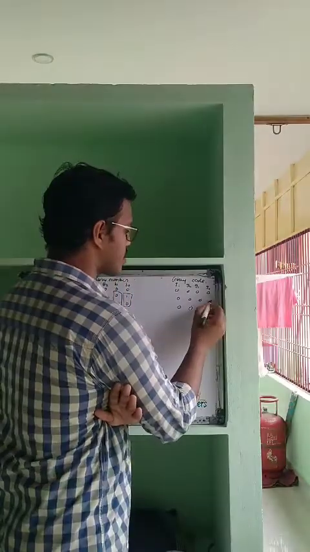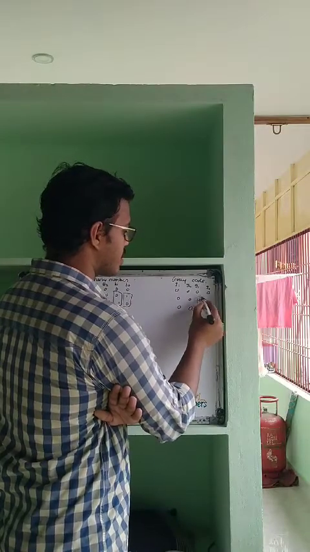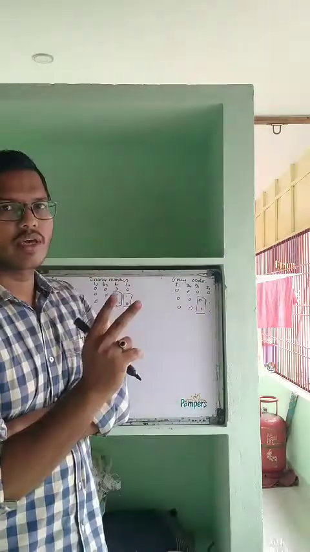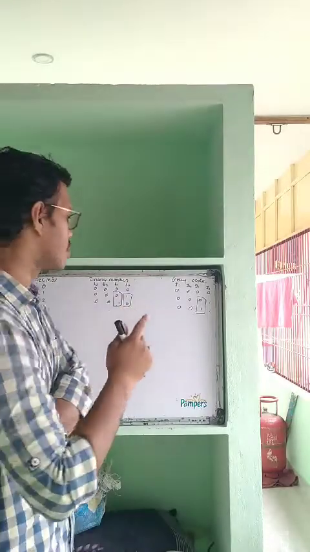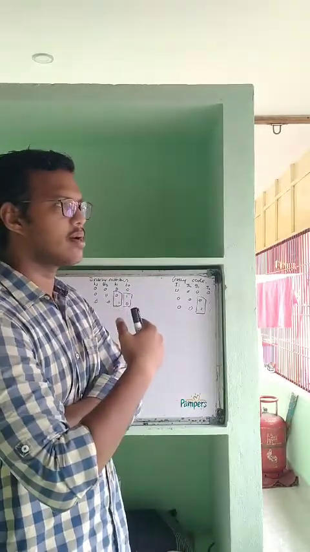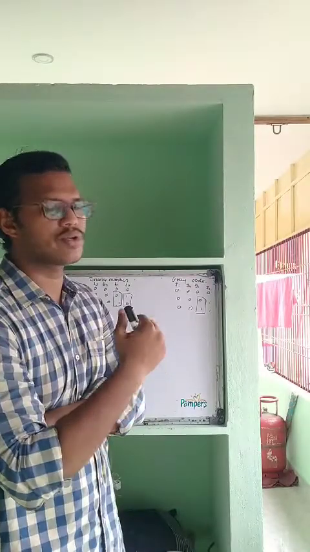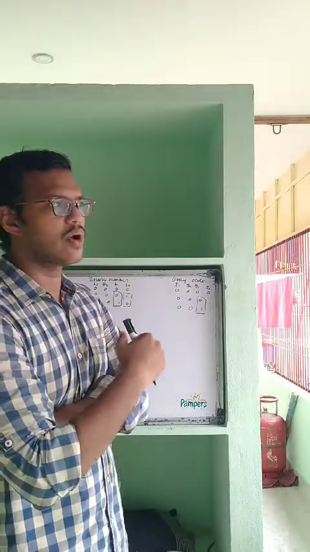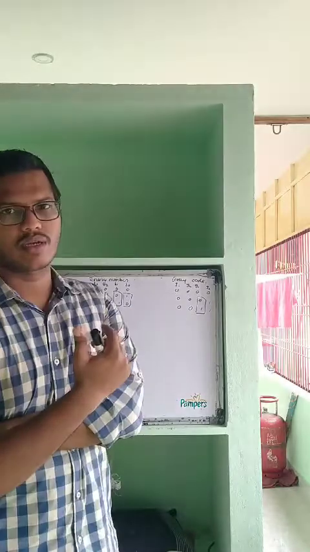If we see here in gray code, one bit is changing. Okay, that is to reduce the switching operation. The gray code helps to reduce the switching operation. Now convert the binary number to the gray code.